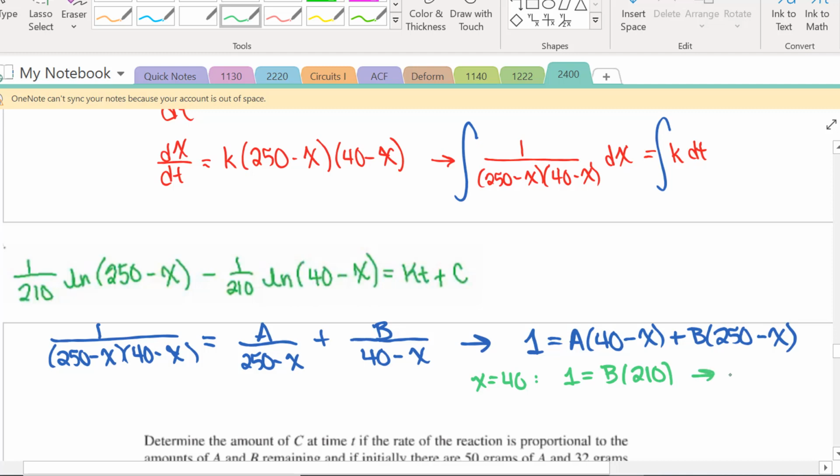So B equals 1 over 210. And then I would plug in X equals 250. And I would get 1 equals A, and then 40 minus 250 is negative 210. So A is negative 1 over 210.